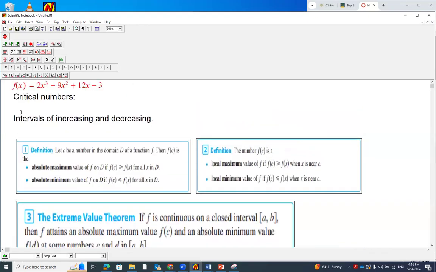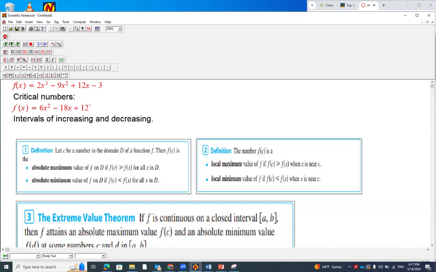From that understanding, we're going to find the derivative of this function. We get 6 times x squared minus 18x plus 12.